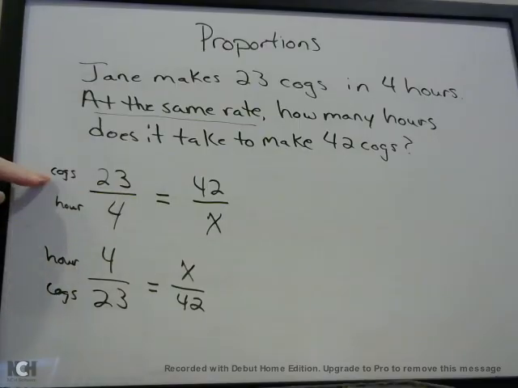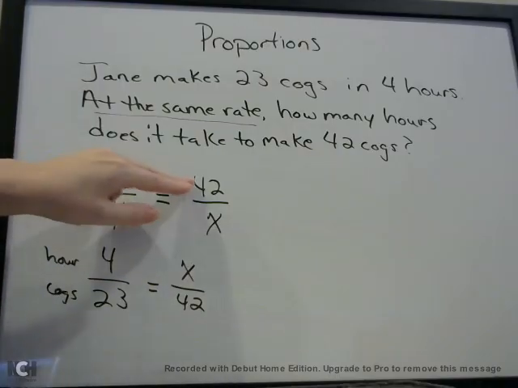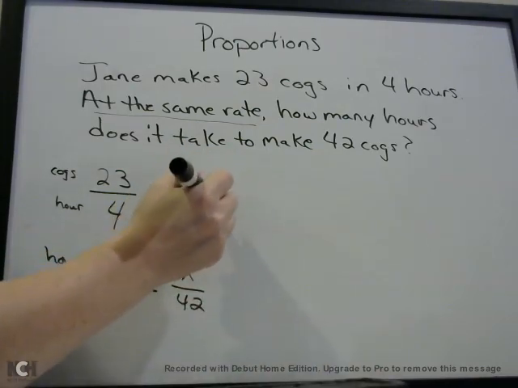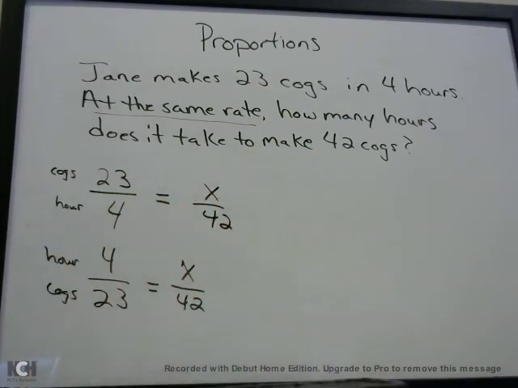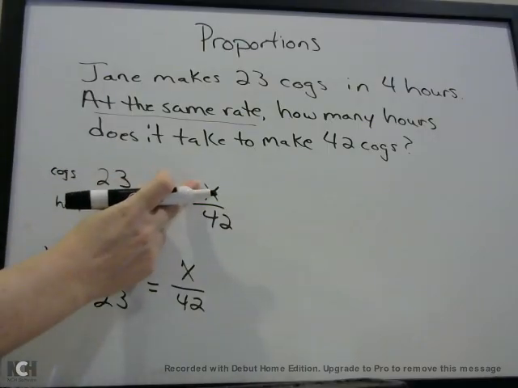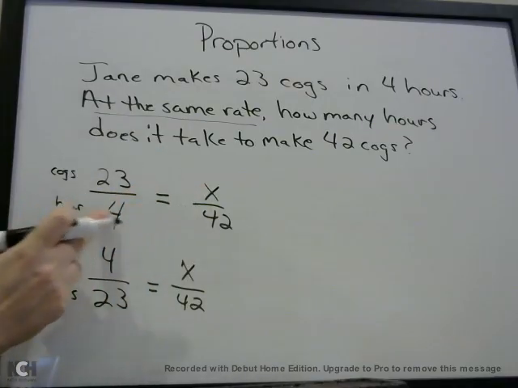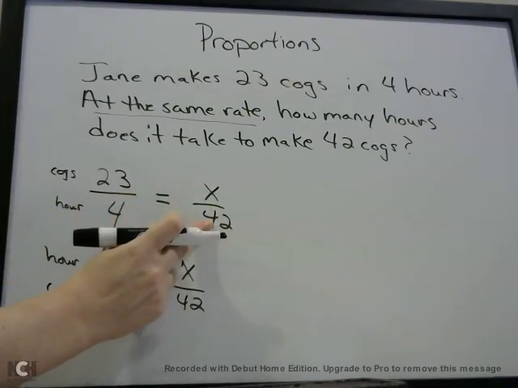The key is, because on this, when we set it up this way, cogs was on top, we have to have 42 on top. We can't write it like this. If we do that, we're going to get the wrong answer, because here we have cogs on top, here we have hours, because we're trying to figure out what x is, and we have hours on the bottom here, but we have cogs on the bottom here.